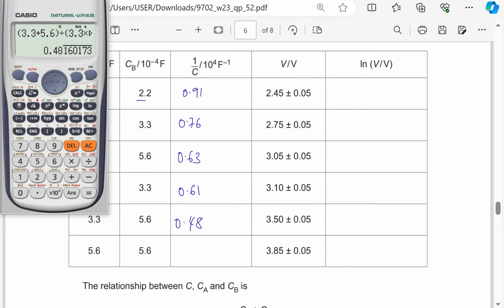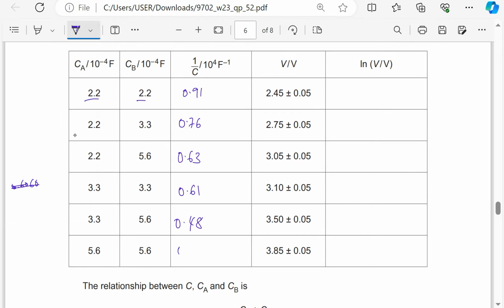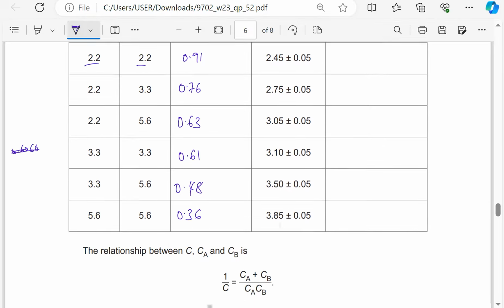The next one is 5.6 plus 5.6 divided by 5.6 times 5.6. So that is 0.36. Okay, so that is the column for 1 over C.